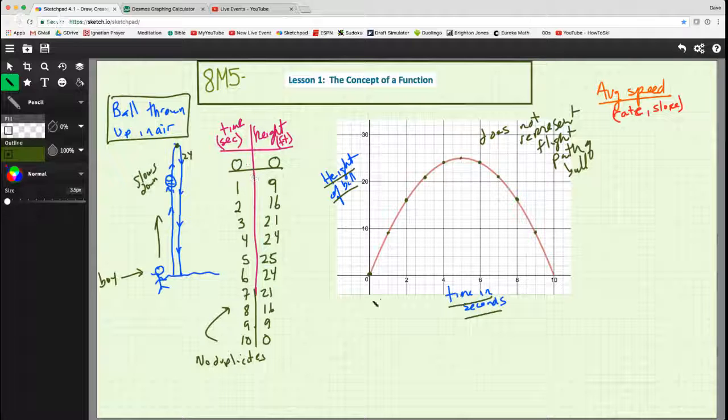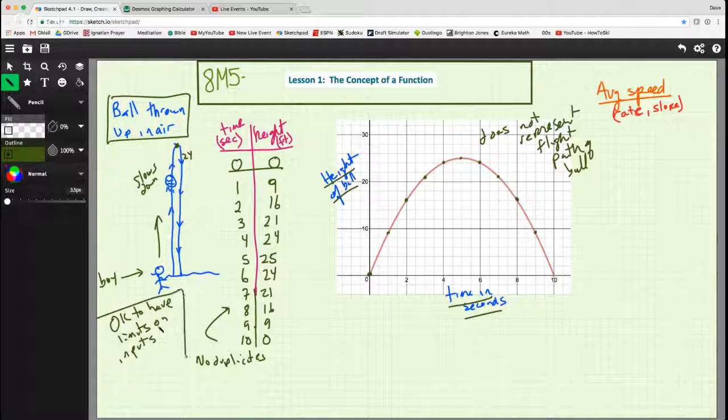Any number I put in, at least between 0 and 10. Now this is another point. Functions don't have to have, you don't have to put in any number, you can have limits. It's okay to have limits on inputs.